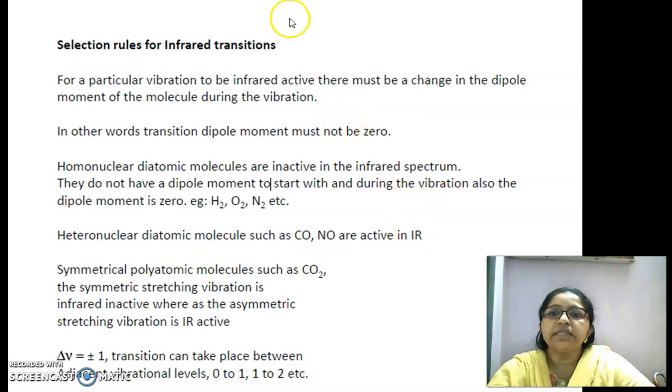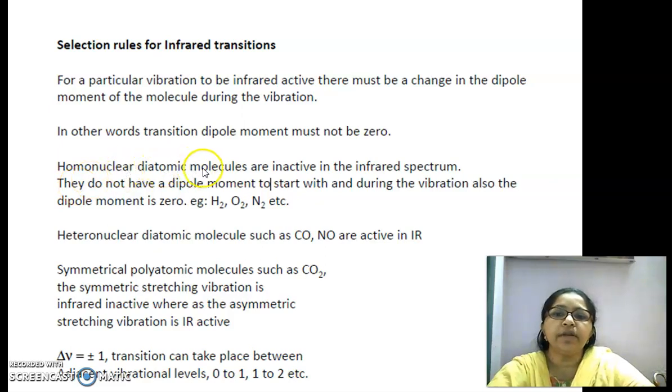Now there are certain selection rules for a vibrational transition to happen. For a particular vibration to be infrared active, there must be a change in dipole moment. Those vibrations which are happening but which are not changing the dipole moment of the molecule will be infrared inactive. In other words, the transition dipole moment must not be zero.